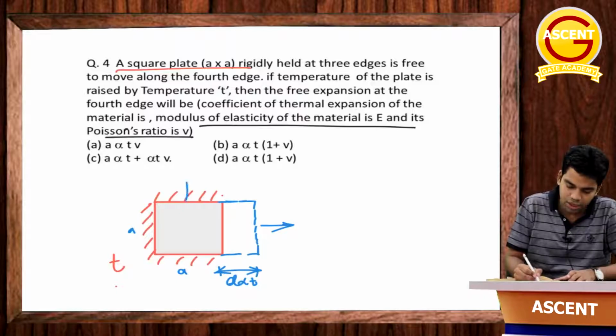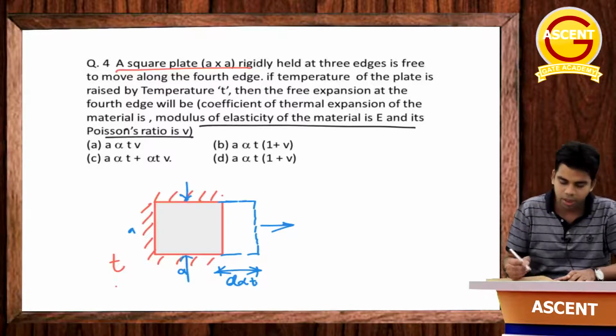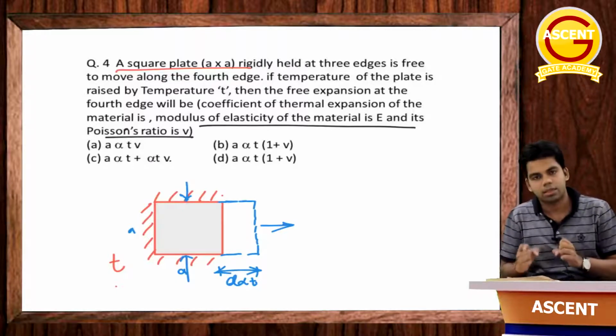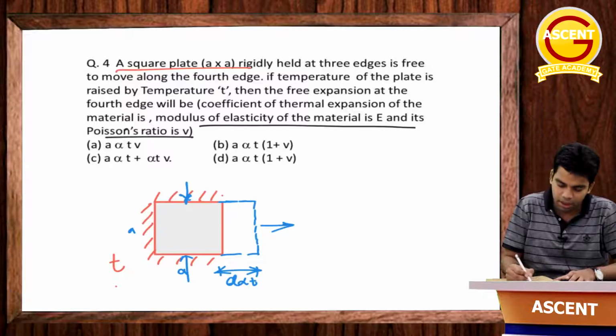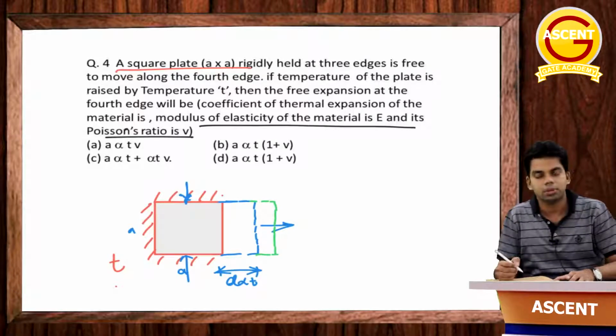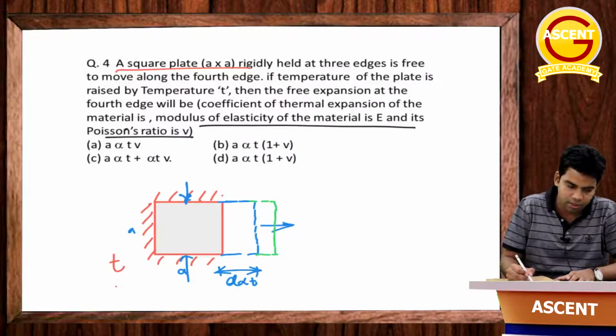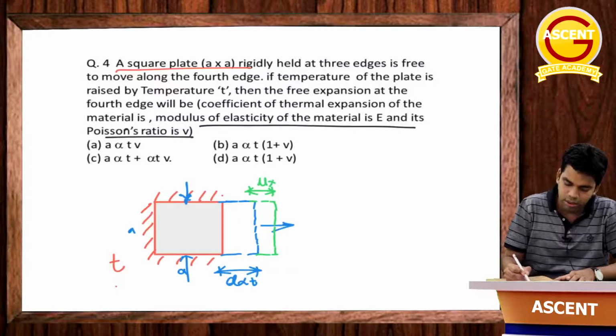Because the expansion in the lateral direction is restricted, and that will apply a certain force. Because of this force in the lateral direction, it will obviously expand a little more in the linear direction. And that lateral strain, as we know, is equal to mu into linear strain.